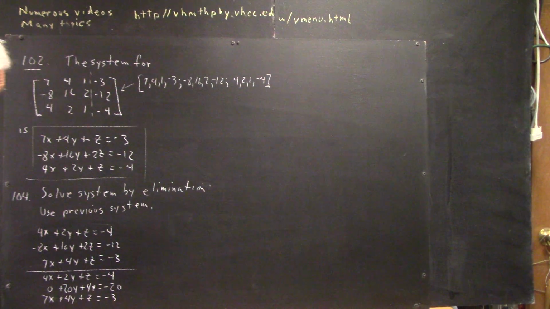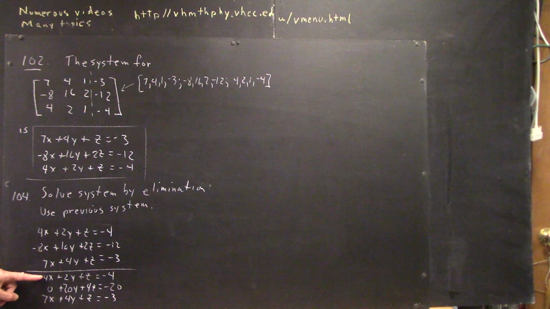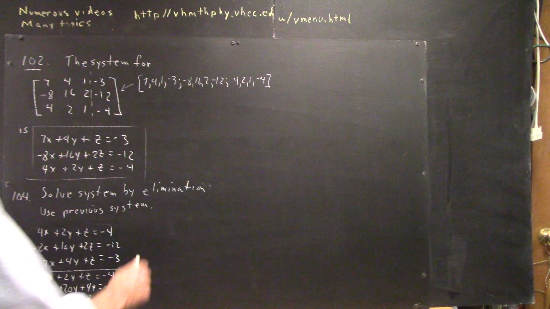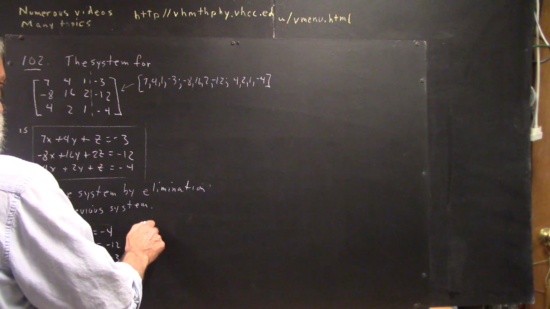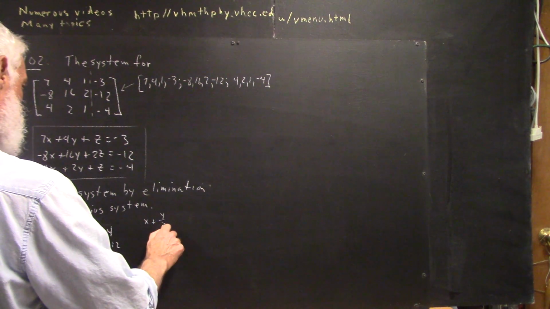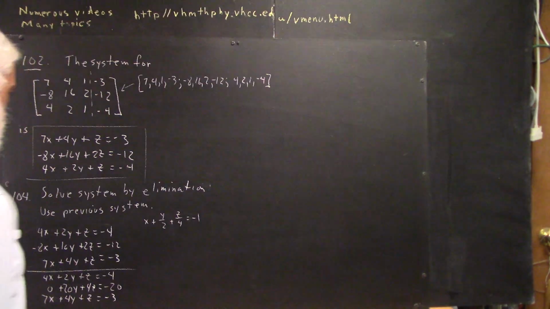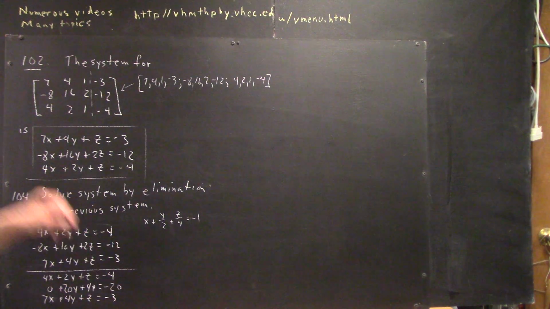So what do I do next? Well, I'm going to want to eliminate the 7x. I really want a 1 here. I really want just x here. So I'm going to take another step, and I'm going to do x plus y over 2 plus z over 4 equals -1, taking 1/4 of this row.